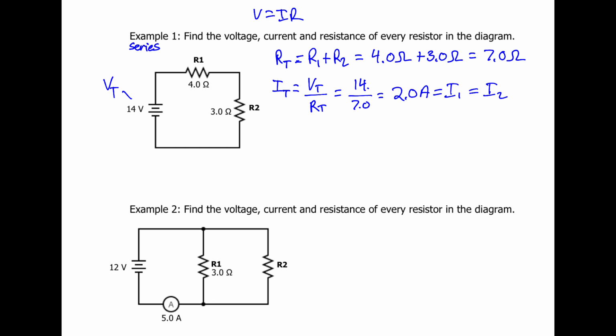All right. So now what are the things we don't know? We don't know voltages at each of the resistors. So I've got to find out how much voltage is going through here and how much voltage is going through here. The answer is they're both not 14, right? What's the rule for voltage in a loop? They add, right?